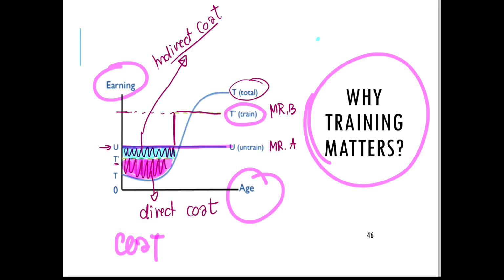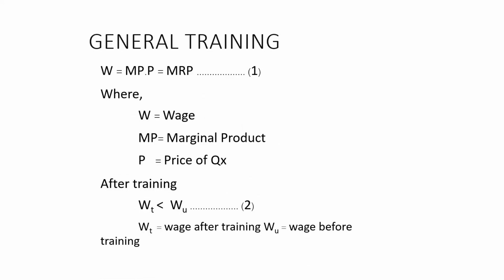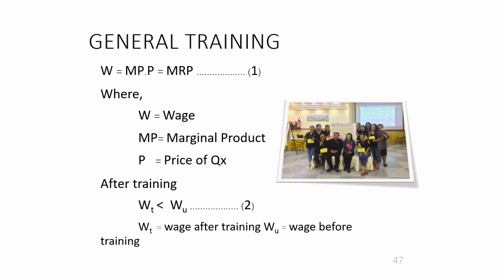Try to gain more knowledge, more specific skills, for instance. Why? Because we expect higher earning. This is the general training equation.